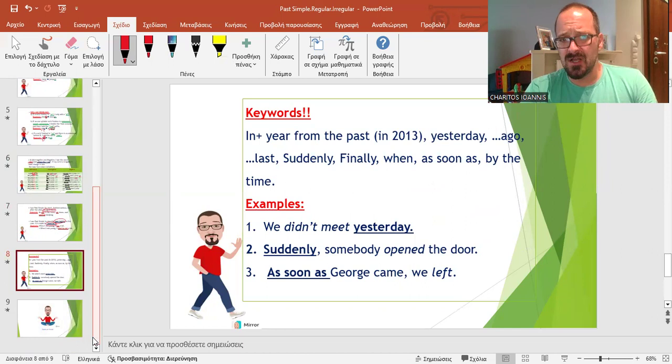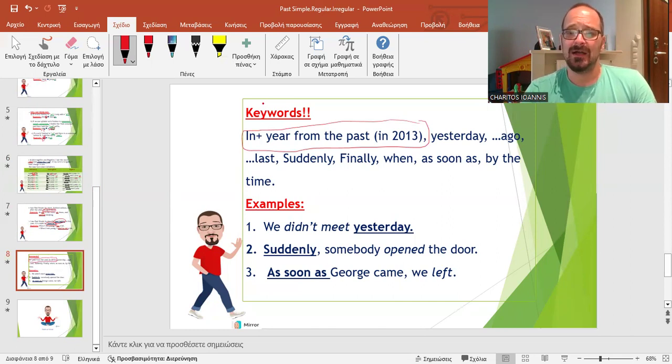About the keywords, I always like to cite the keywords, which means words that when I see them, I know which tense to use most of the time. So obviously, because this is a past tense, I must see in my sentence words that refer to the past, like the preposition in and a year from the past. Like in 2013, right?